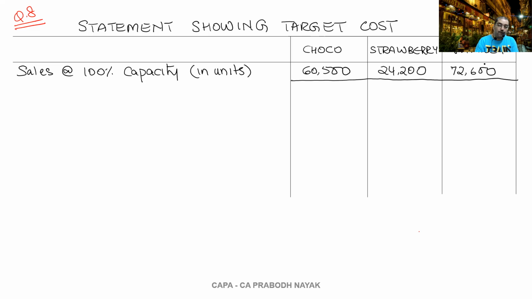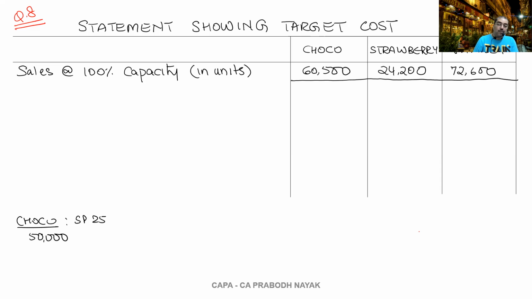Okay, now pay attention. Stop writing for 2 minutes. Understand the calculation first. I'm explaining for Choco now. Choco's existing selling price is 25 rupees, and existing production is 50,000.